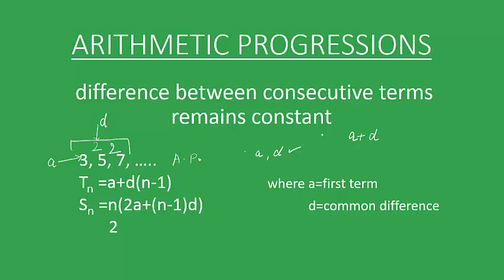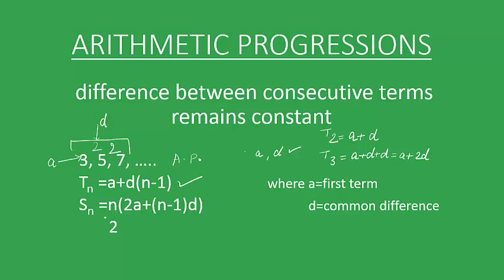So the second term is given by A plus D. The third term is similarly given by adding the common difference to the second term, which gives us A plus D plus D. Therefore, as you might be noting, there is a general trend which is followed. So the general term, that is the nth term, is given by A plus D into n minus 1.